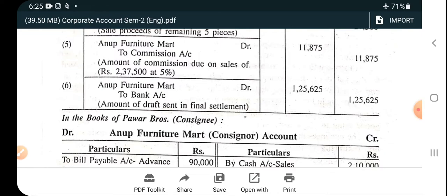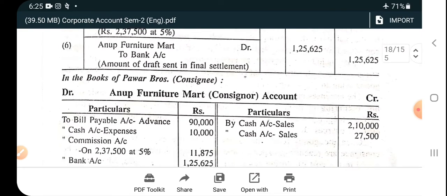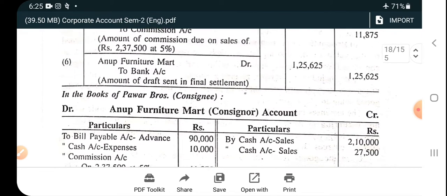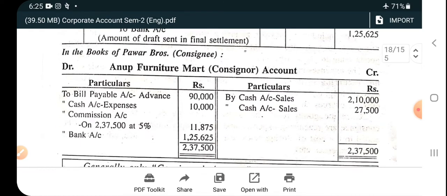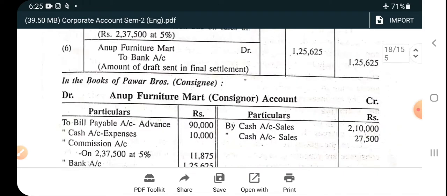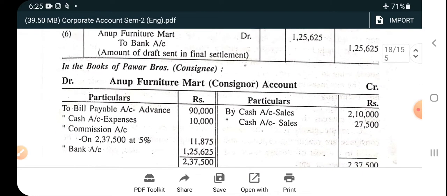I had told you earlier that the same value will come, but the things that we have recorded on the debit side in the book of consignee's account will come at the credit side in the consignor's account. The thing that is on the credit side comes at the debit side.